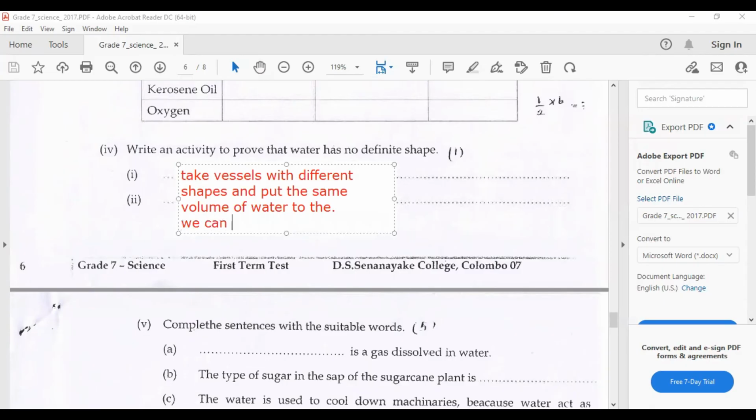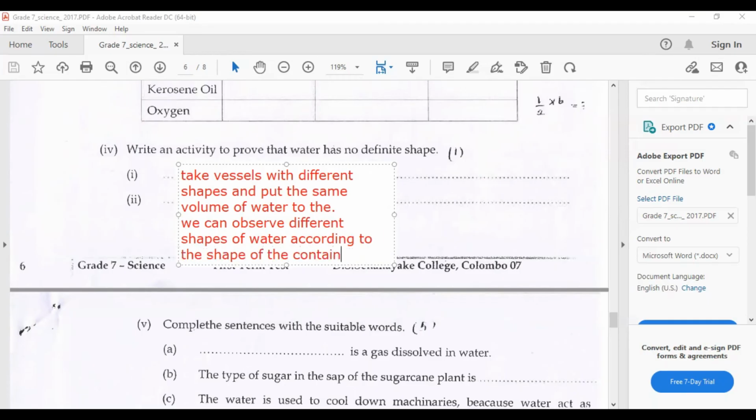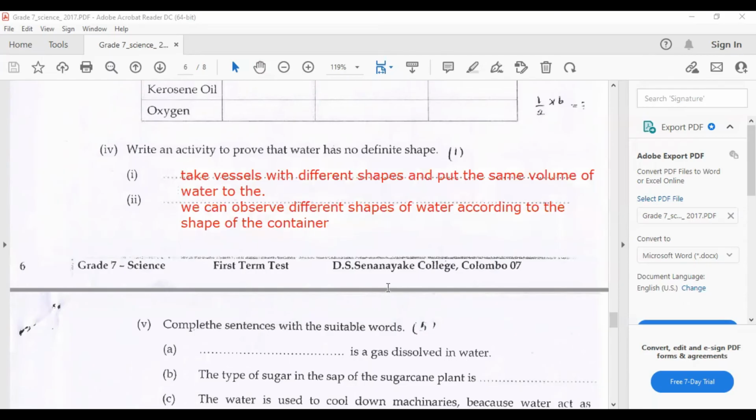We can observe different shapes of water according to the shape of the container. These are the steps of that practical. The liquids take the shape of the container.